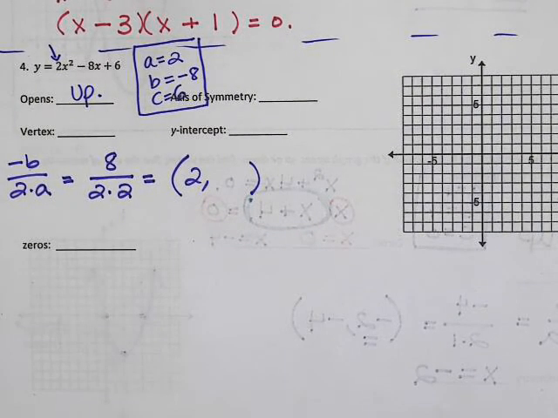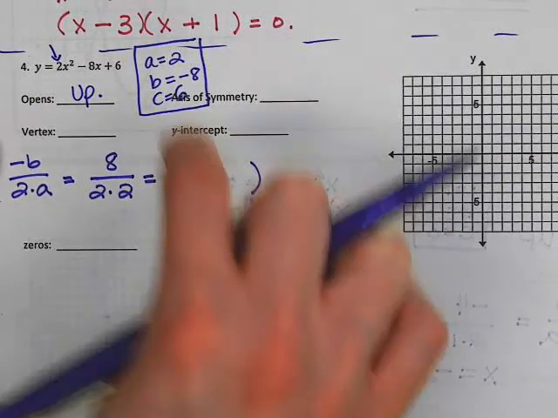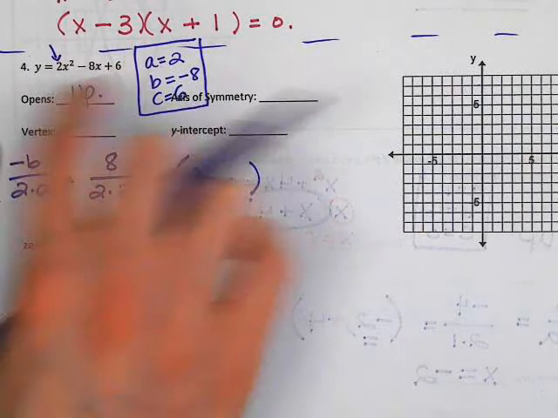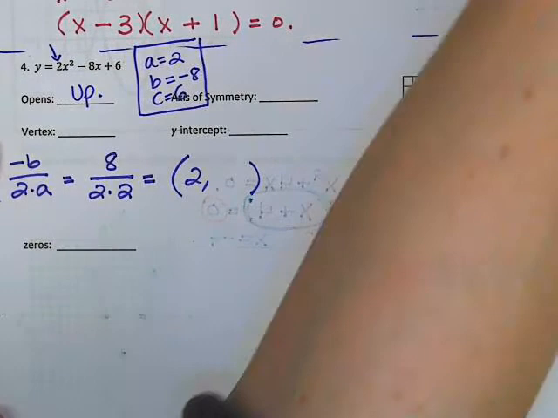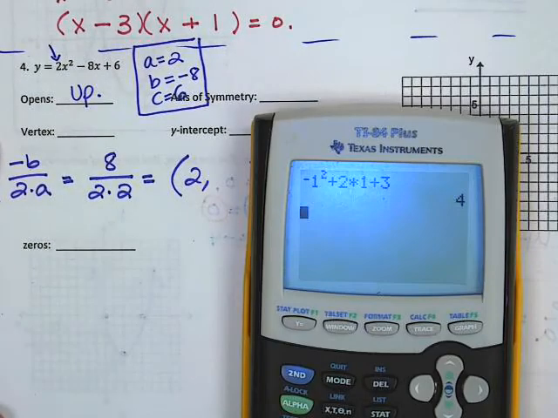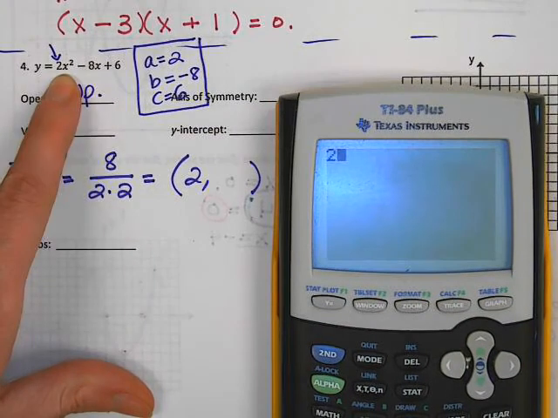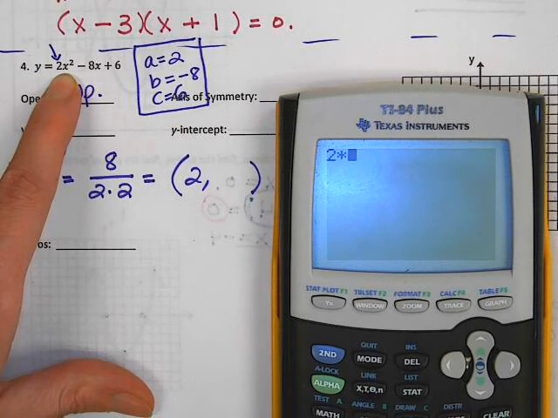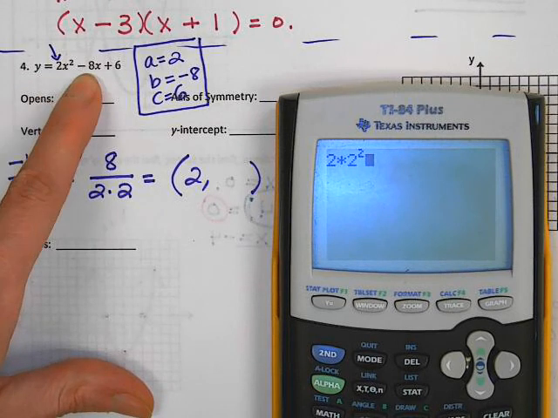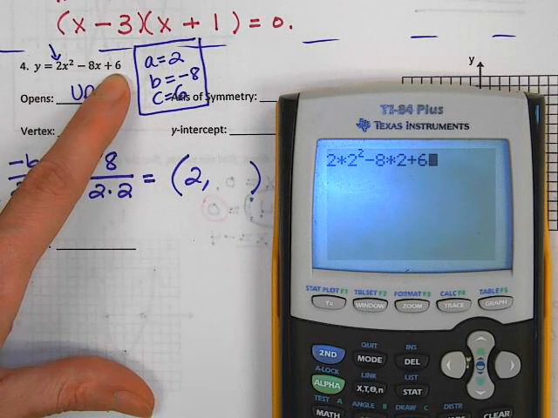And then to find the y value, or the k, we got to plug 2 in for all the x's. So let's go ahead and plug in 2 wherever you see an x. All right, so it's going to be 2 times 2 squared minus 8 times 2 plus 6.